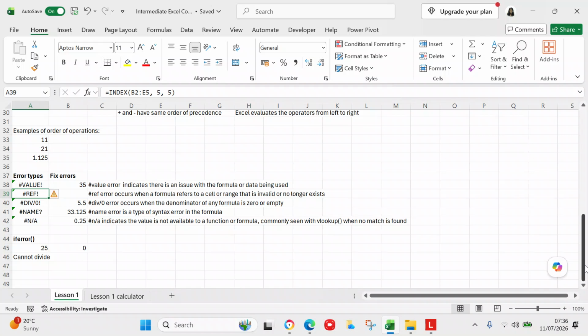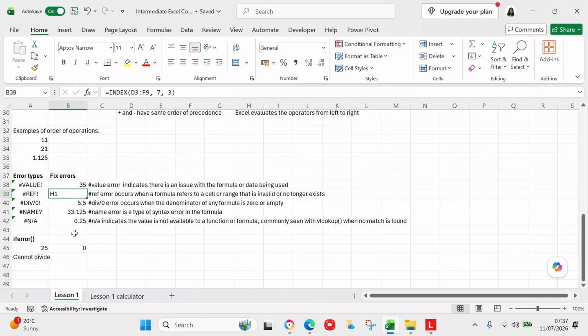B2, 2, 3, 4, 5. So it's only 4. You're asking for an index of 4 by 4, but you're calling it a 5 and a 5. So that doesn't work.